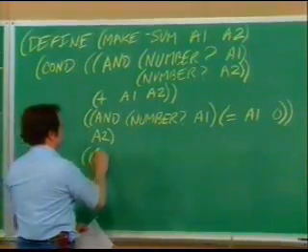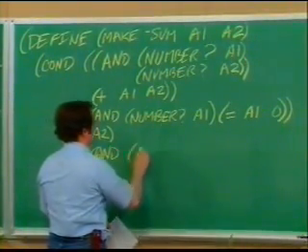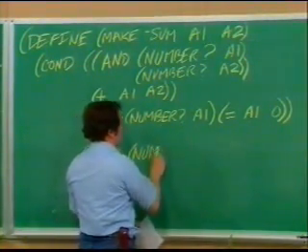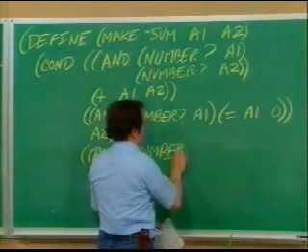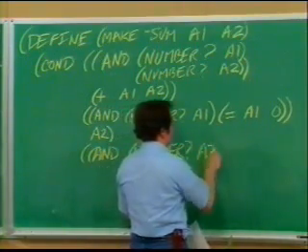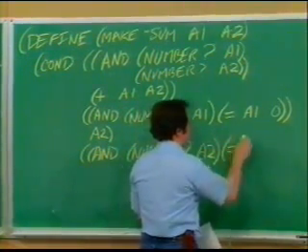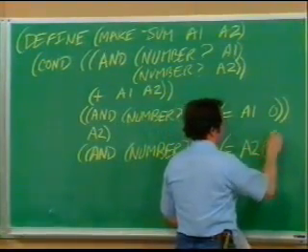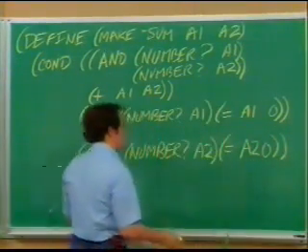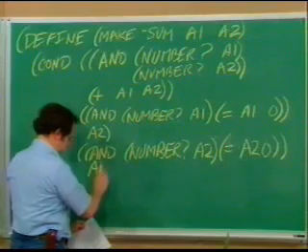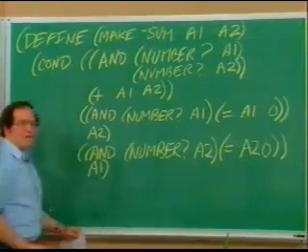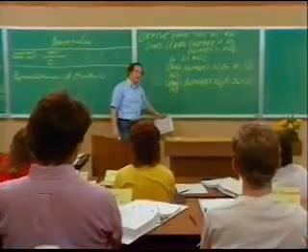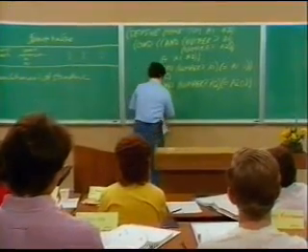And if A2 is a number and equal to 0, then the result is A1. And only if I can't figure out something better to do with the situation will I construct a list.